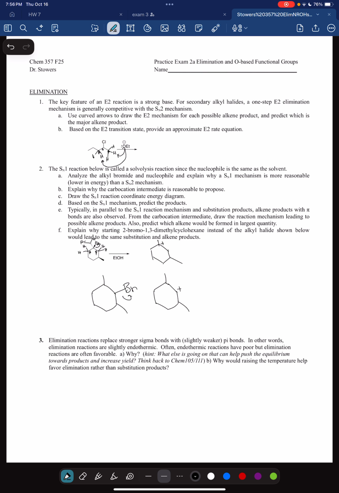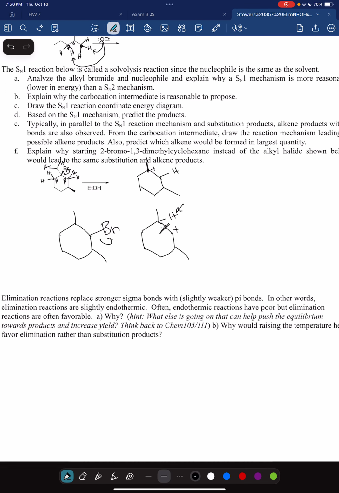So as you can see, they're very similar. The methyls are in the same place. And if you look at the hydrogens that are beta, you can form at least one product that's the same by attacking the hydrogens that are across this bond right here. That's enough information.